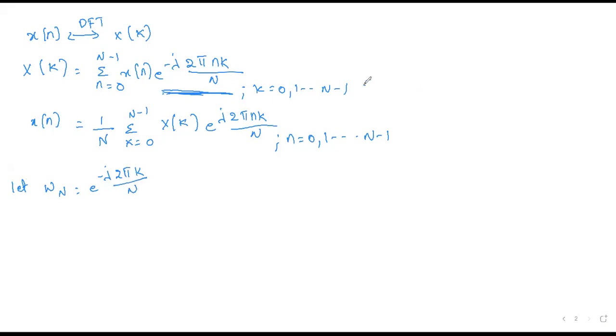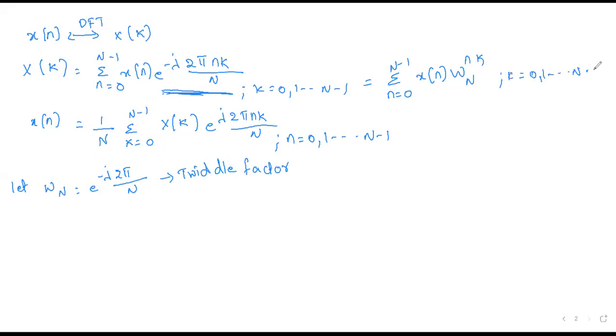Now let us simplify this equation. So sigma n is equal to 0 to N minus 1 x of n into omega N power nk. This is what we usually call the twiddle factor, where k is equal to 0, 1, so on to N minus 1.